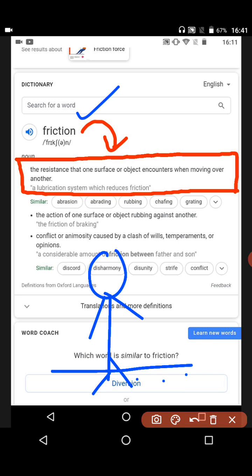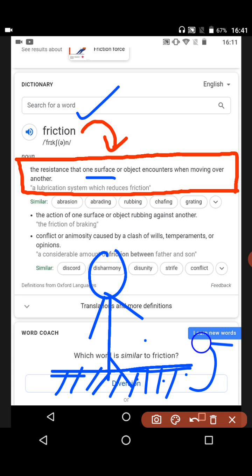And the resistance that one surface encounters when moving over another. See, this is one surface, and he is moving on this surface. He is applying some force on the road, so the road will give an opposite force to it.